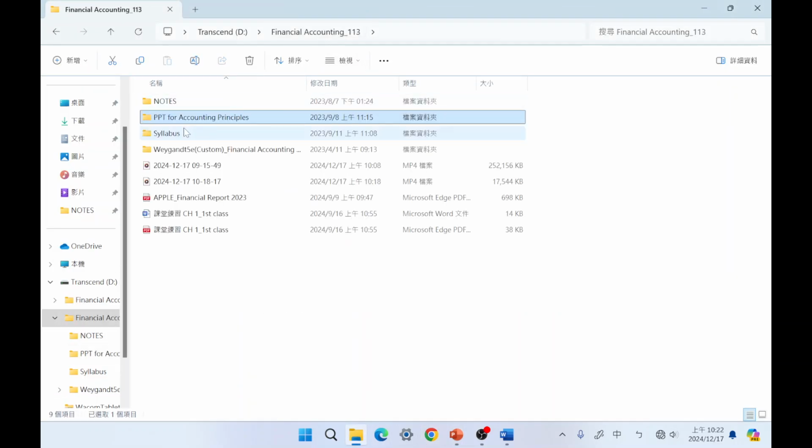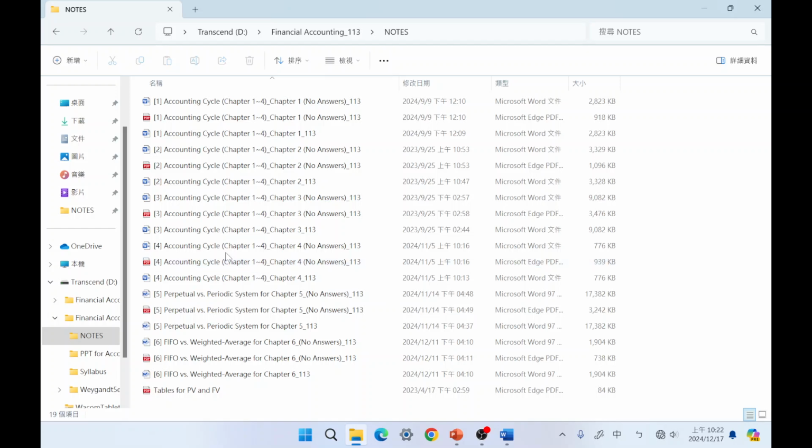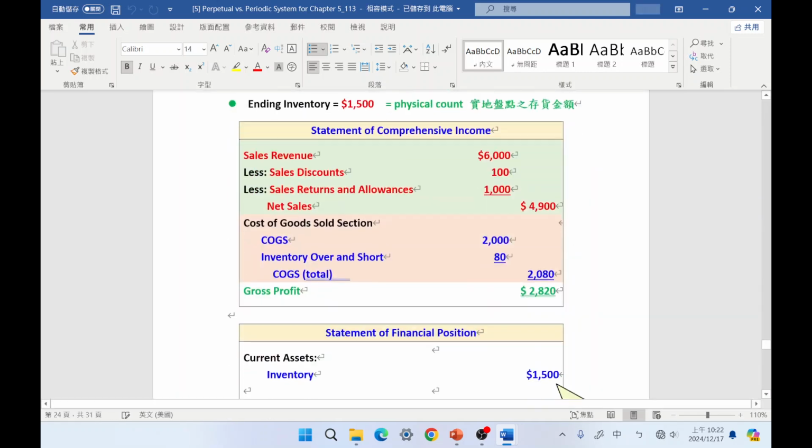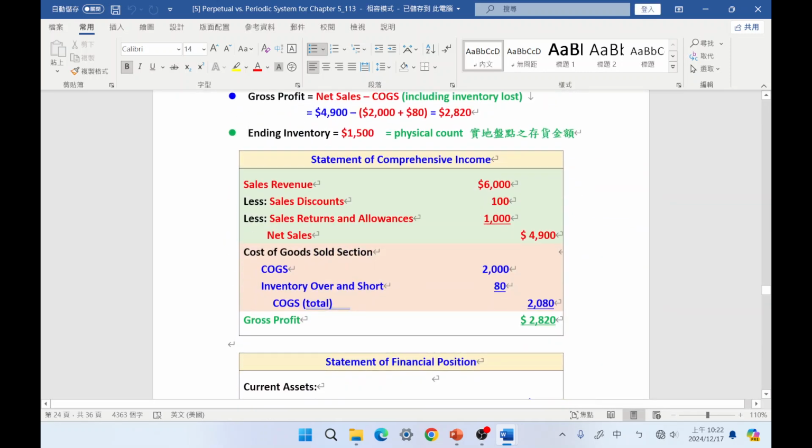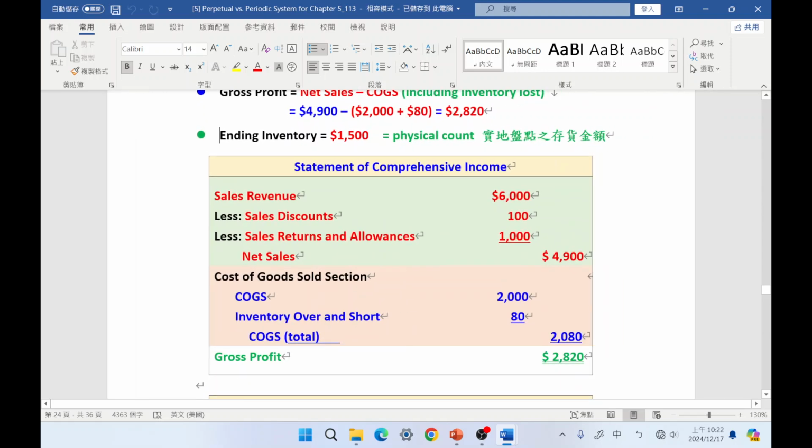If you use perpetual, what does that look like for your cost of goods sold? For perpetual, on your page 24, did you find it? For perpetual, it is cost of goods sold: how many you sold, then consider inventory over and short. Your inventory lost, how much? So that's for perpetual.